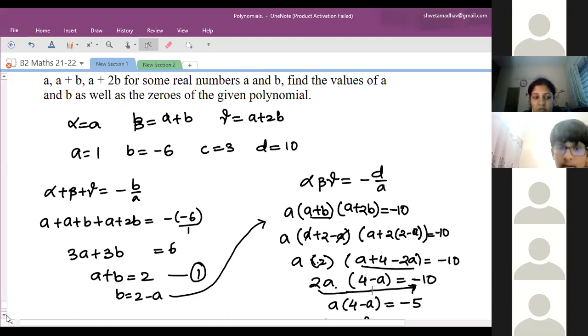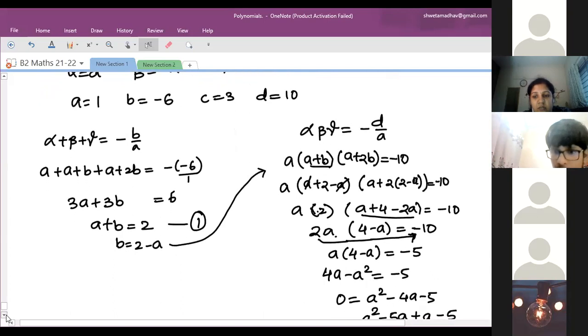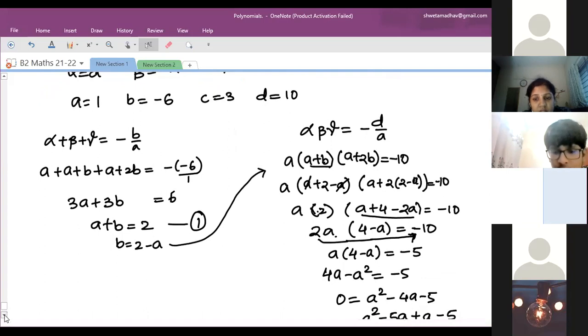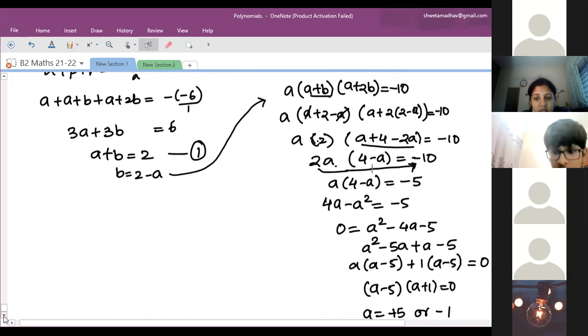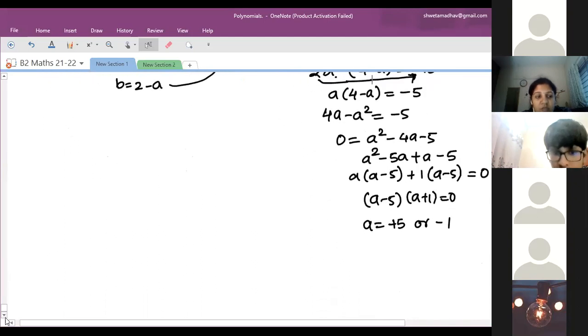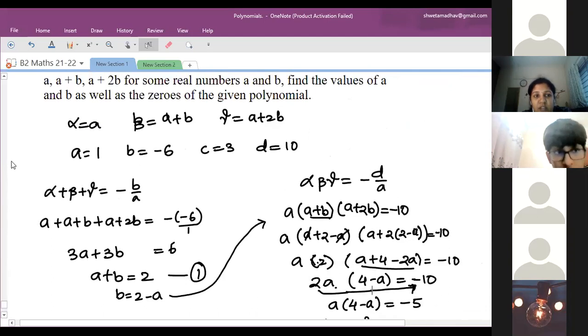Understood? Is it clear? So what will be the 3 zeros? Ma'am, we got two values of A and B. So for different values of A and B, find zeros alpha, beta, gamma.